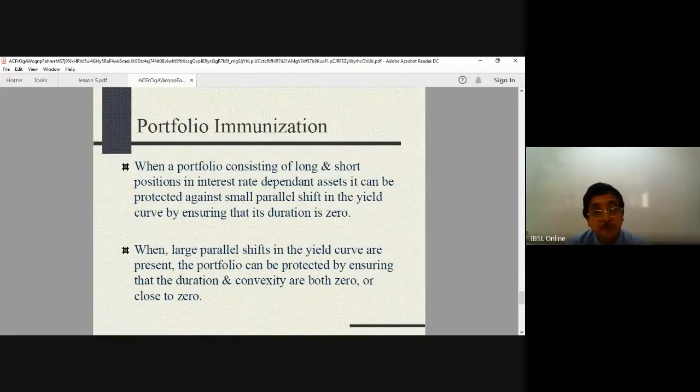When a portfolio consists of long and short positions in interest rate dependent assets, it can be protected against small parallel shifts in the yield curve by ensuring that its duration is zero. This is the concept we are now trying to become familiar with, and we will do a particular problem on this.